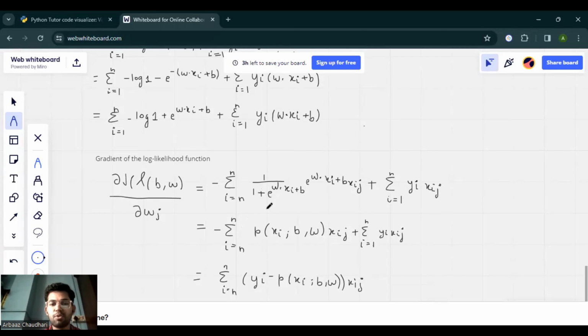So this all becomes the probability of xi with bias and weight, and xij plus this term.